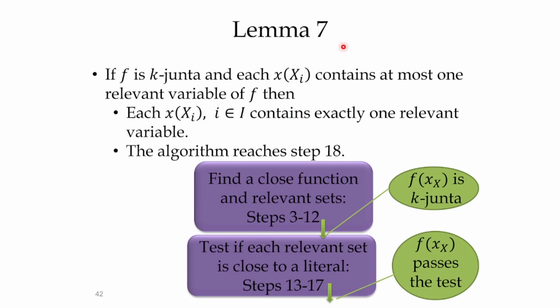Alright, so we have lemma 7. If f is k-junta and each x of capital Xi contains at most one relevant variable of f, then each x of capital Xi, where i is in capital I, contains exactly one relevant variable. The algorithm reaches step 18.